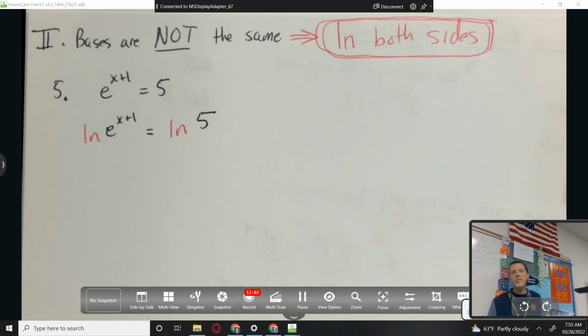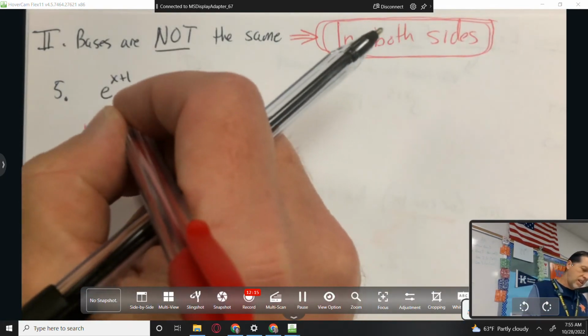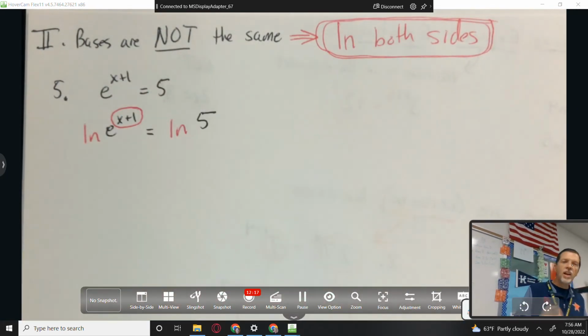Okay, does anybody see what advantage that just did for me? What I can do now based on the lesson from Wednesday? There's a hint. That exponent of x plus 1, I can now put it somewhere else.